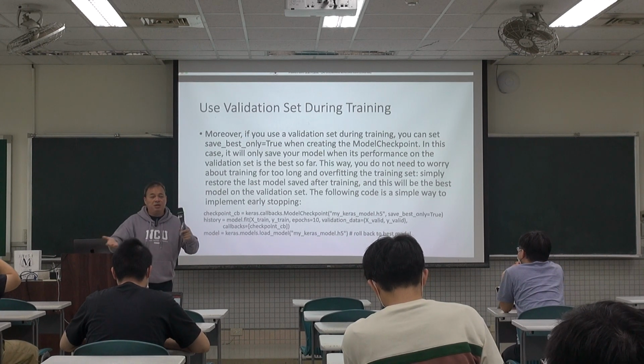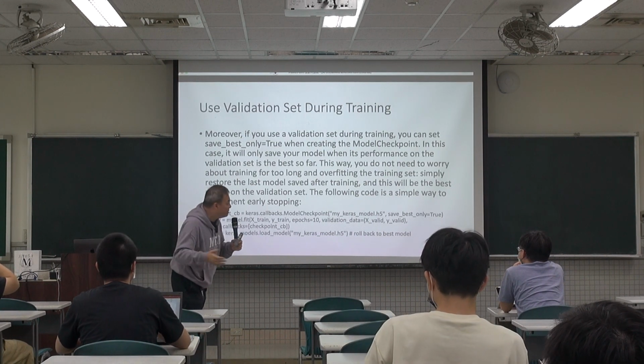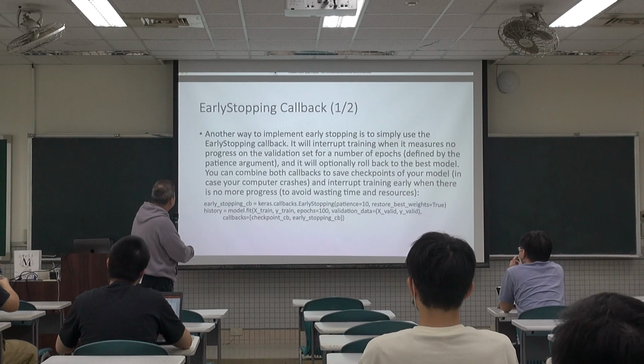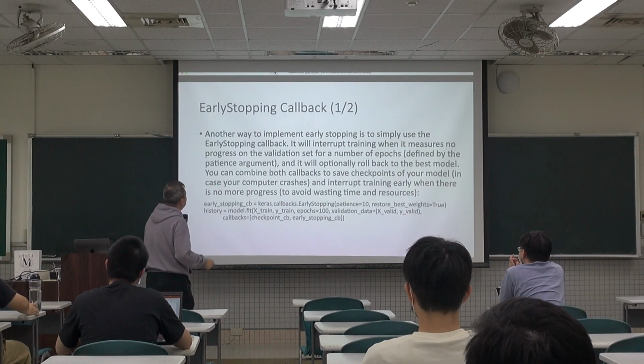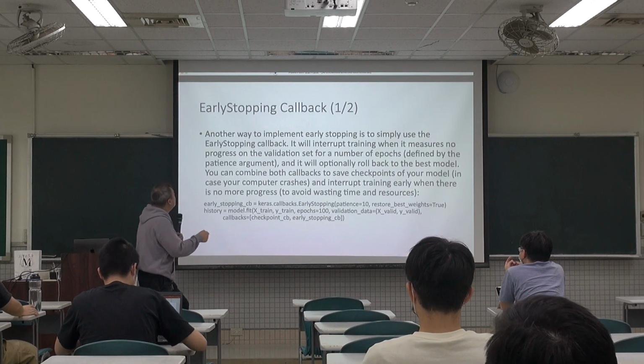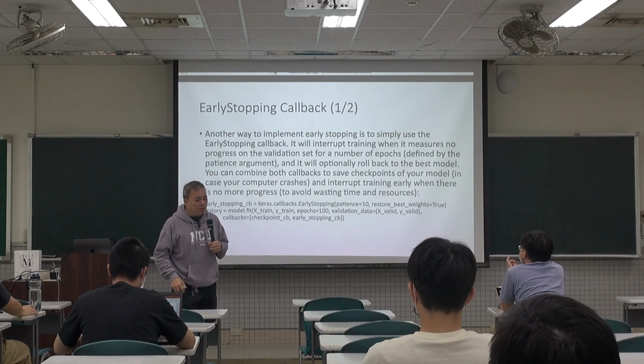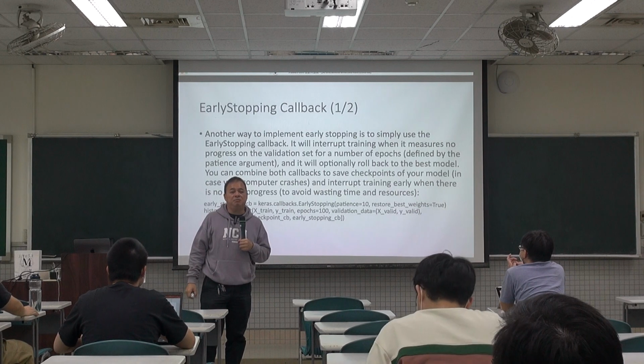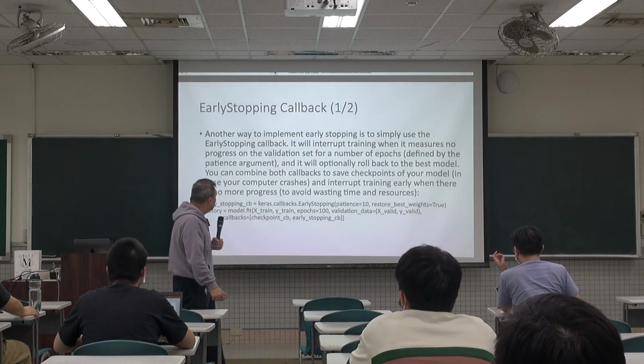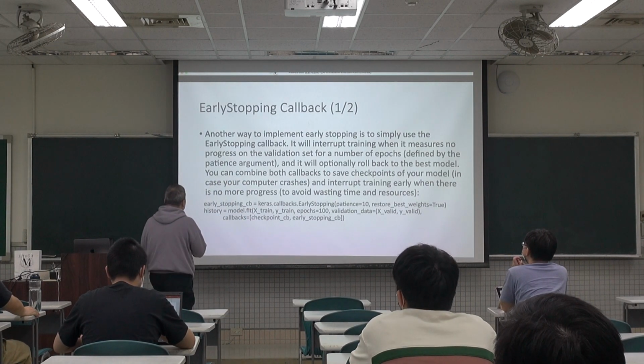That is why we call it early stop. So yes, we can actually use the callback to implement early stopping, and this is the more standard way in deep learning to implement it.